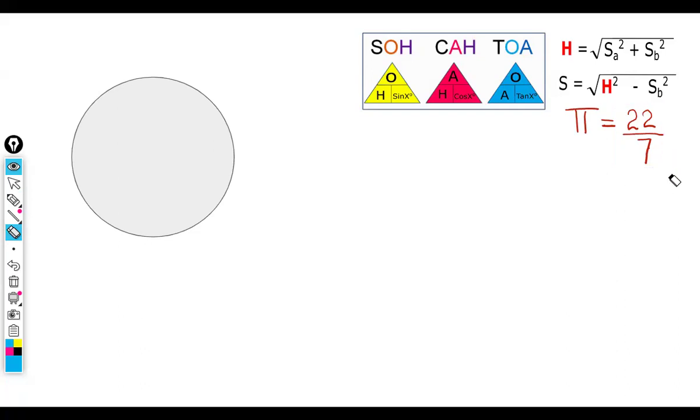In this class, we will always, always, always be using pi as how much? 22 over 7. Don't worry, you don't have to worry about typing in fractions on your calculator. It has a way to bypass that, right? So I'm letting you all know, for all our calculations on circles, we're using the full fraction, 22 over 7.